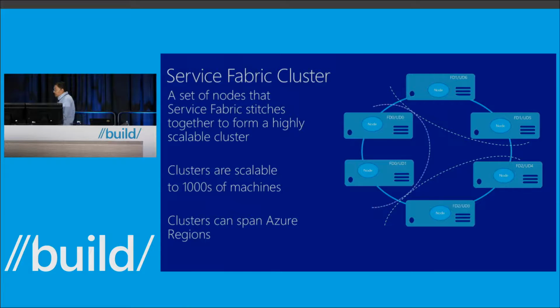So, for example, one of our internal services called Bing and Cortana has clusters which span 3 data centers. And so, only last year, one of the sets of machines in one of the regions went down, and they didn't even feel that it went down because there was no impact to the service.